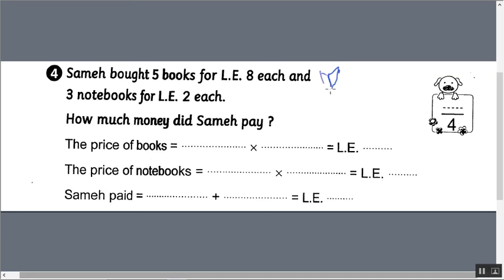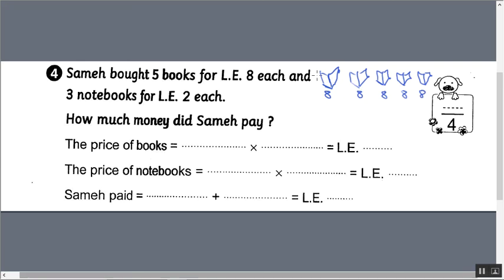Here first, here second, third, fourth, fifth. The price of each book equals 8 pounds. So its price is 8 pounds, and here also 8.